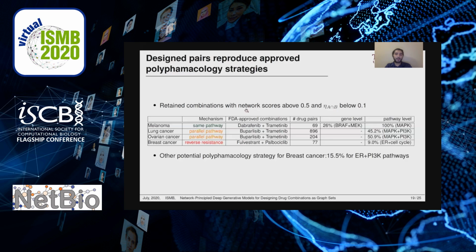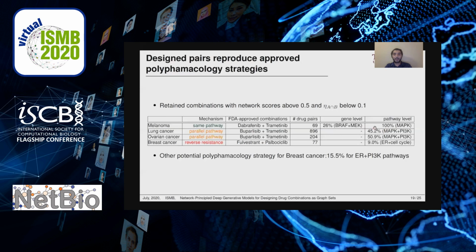Since we have shown that the network score matters, based on the network score and the intersection of the drug targets A and B, we have come up with a plan to filter out the rest of the drugs and come up with specific drugs that we can further focus on. We have shown that for melanoma, 26% of the 69 drugs complementarily and jointly attack BRAF and MEK.